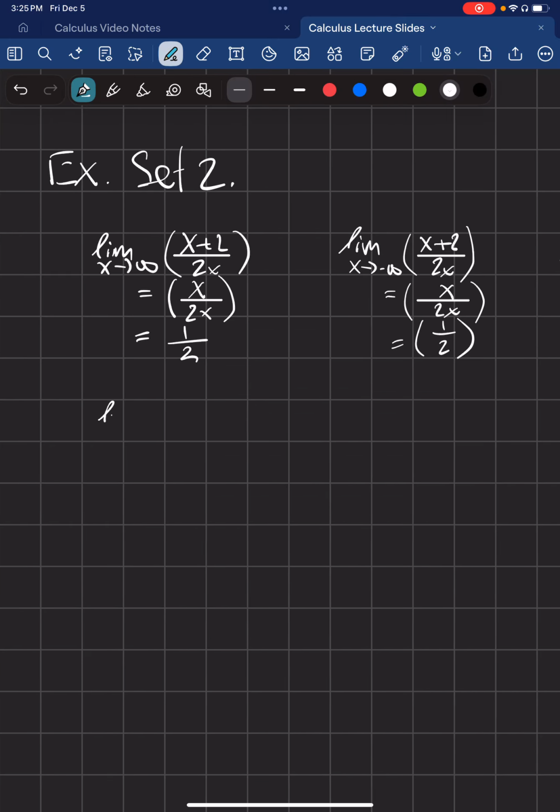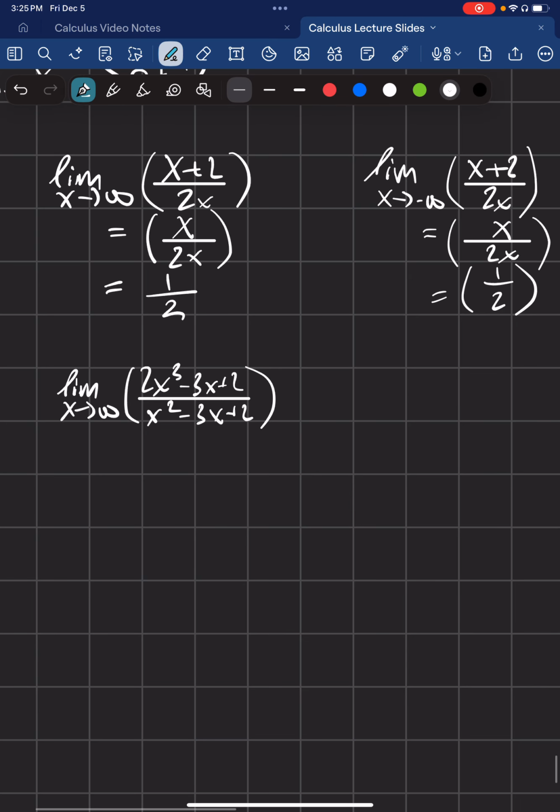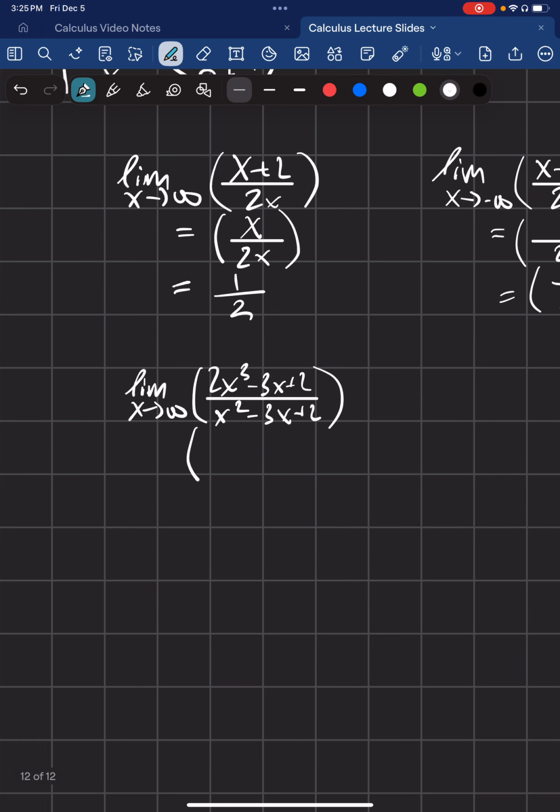Here's another example of what could happen. Say the limit as x approaches infinity of 2x cubed minus 3x plus 2 over x squared minus 3x plus 2, right? What you get here is we still look at our highest degree, and we get 2x cubed over x squared, right? And so now, like what we did before, we can get rid of an x squared off the top and bottom.